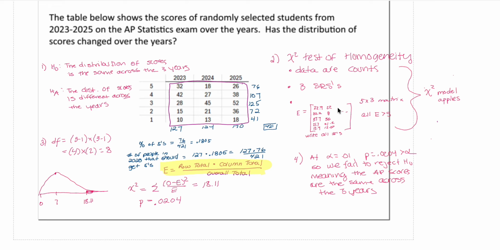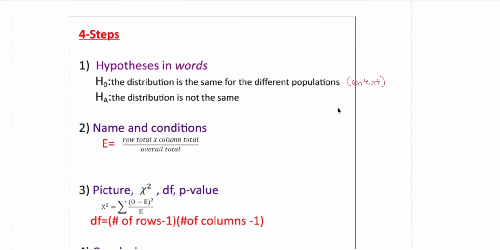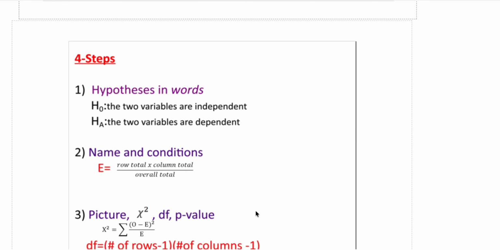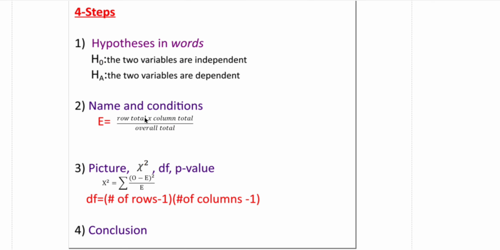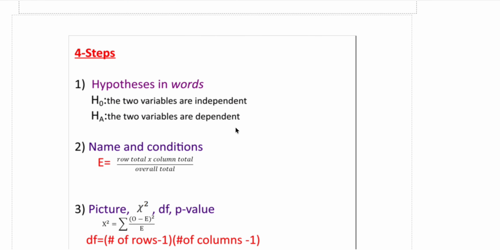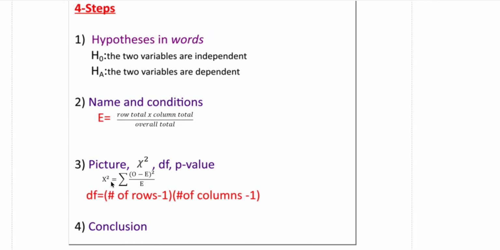We only want to make sure the majority of them are greater than 5, which is why we say 80% of them greater than 5, not 100%. So after we check all of the conditions, we're going to calculate the expected value, which uses row total times column total over overall total.